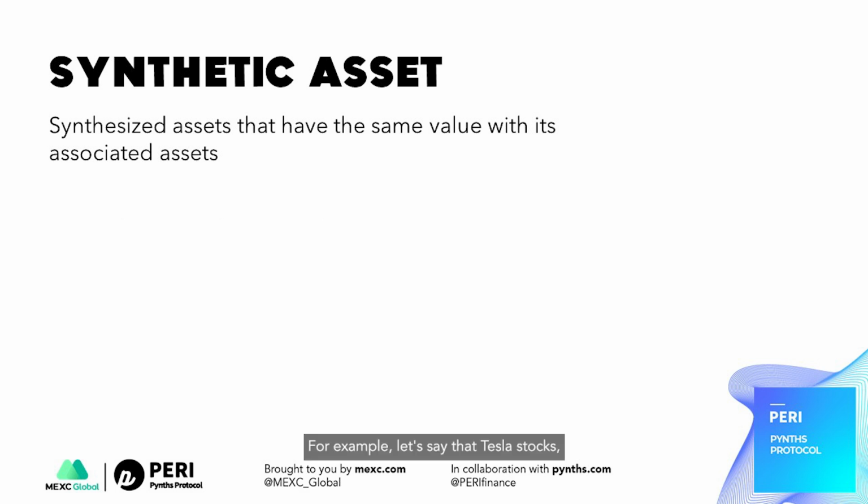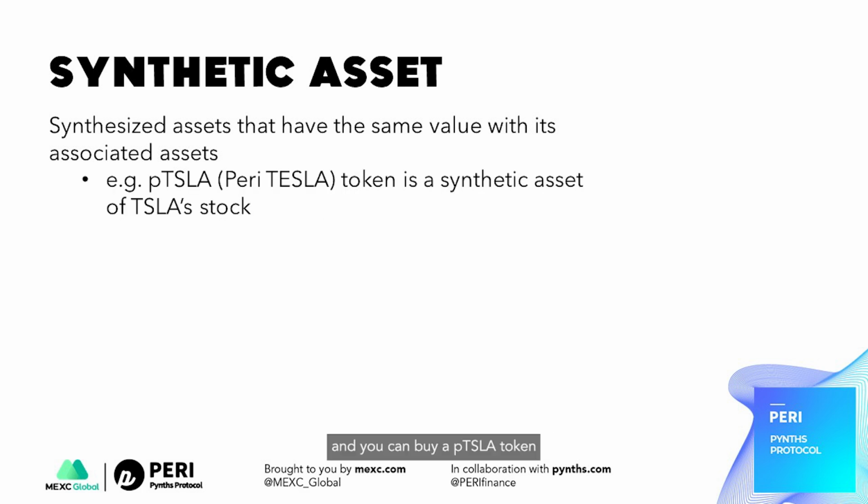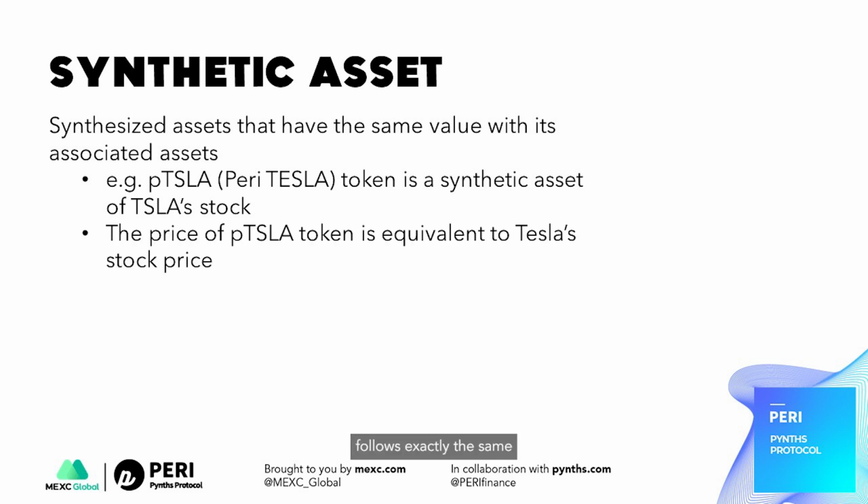For example, let's say the Tesla stock's synthetic token is called P Tesla, and you can buy a P Tesla token instead of the stock itself. And this P Tesla's price goes exactly the same as the original stock.